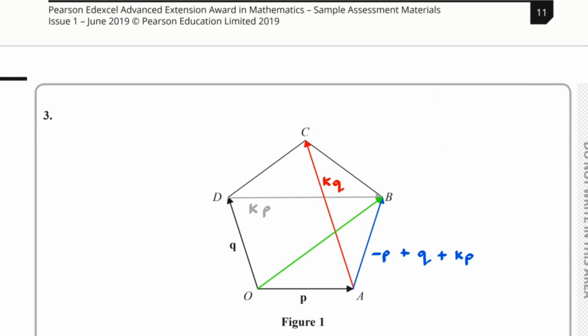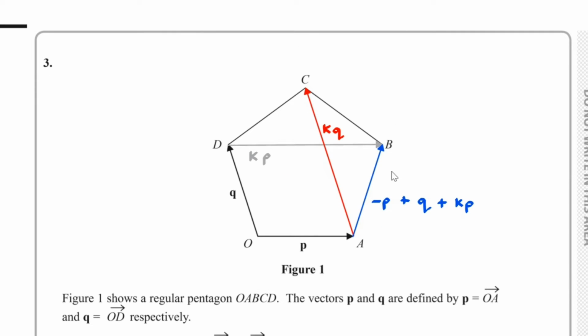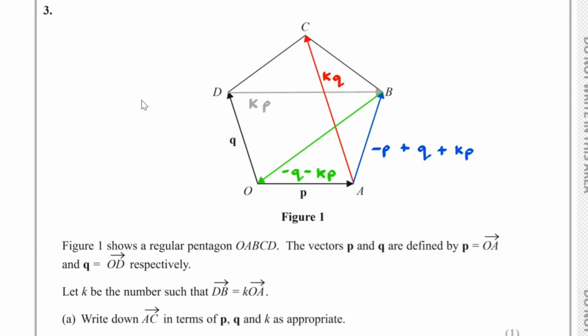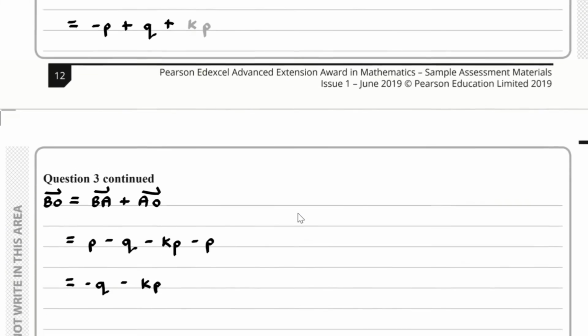So let's add this vector on. So instead of us finding OB, let's find the vector BO, which is equal to negative Q negative KP. Now, we already know what CD is. That's a fraction of K times the length of BO. Let's write that down.